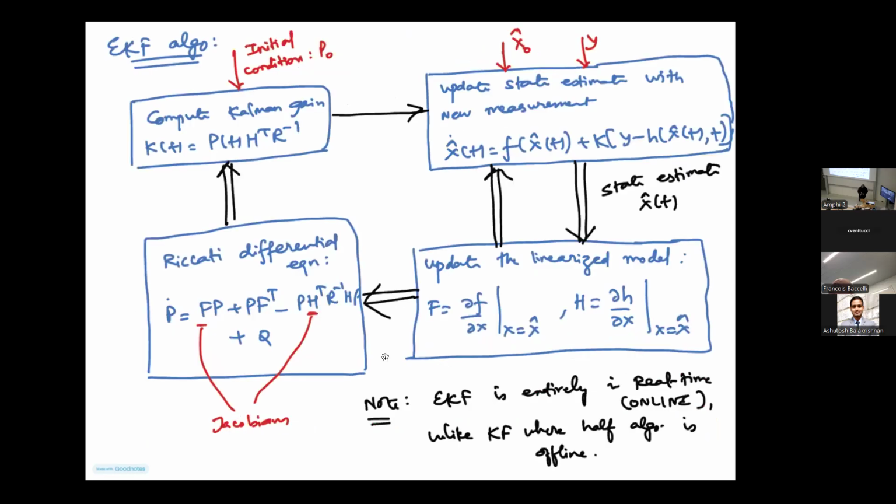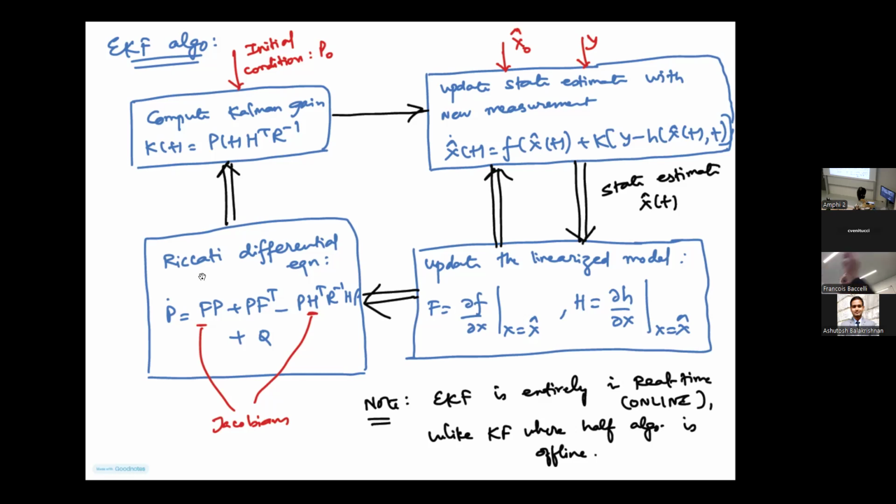And so this is a rough flowchart of the extended Kalman filter. We have the initial conditions P naught, x0 hat, and y. First we compute the Kalman gain, then we update the state estimate with the new measurement. We have the Jacobians of the measurement and of the motion.